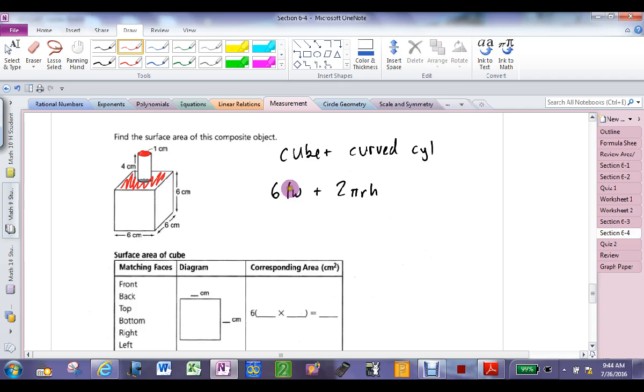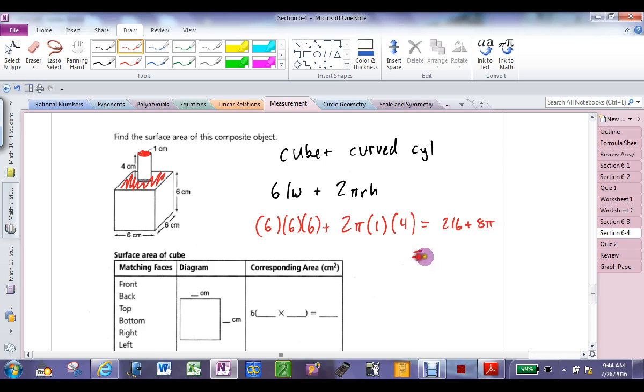So of course, 6LW, 6 times 6 times 6 plus 2 pi, what's the R? 1. What's the H? 4. So that's 216 plus 2 times 4, plus 8 pi.